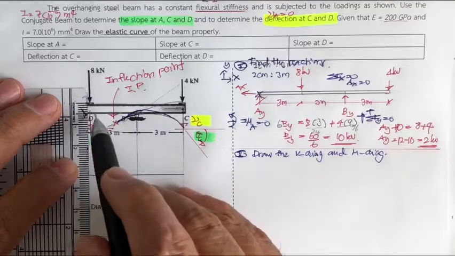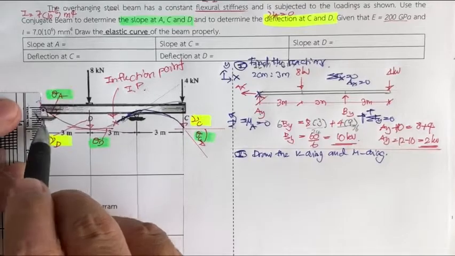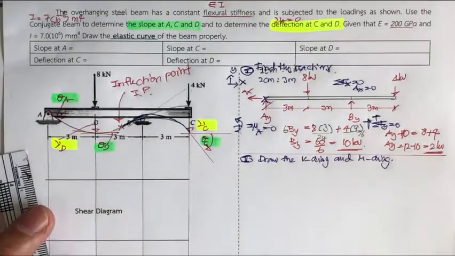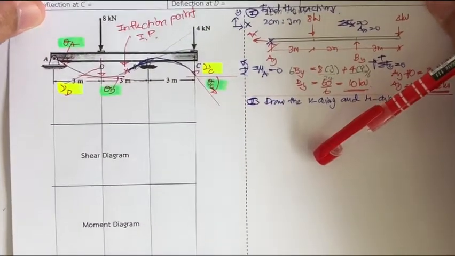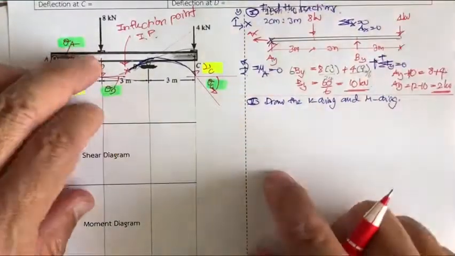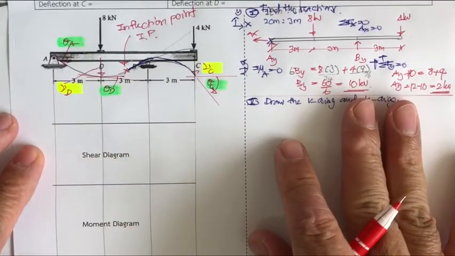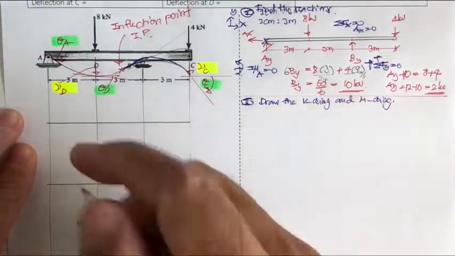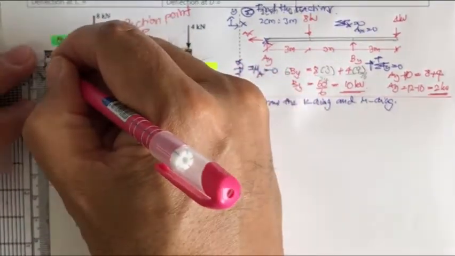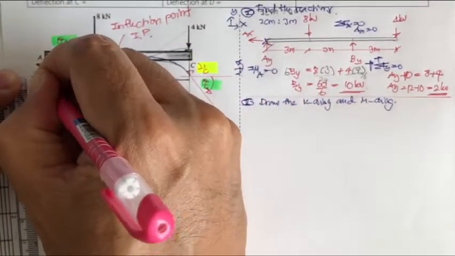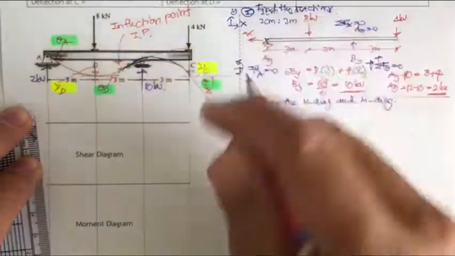A very important point, A, B, C, D, E along the way from there to there, and you must put what you have here, the reaction, into the problem, because when we draw the shear diagram, we gonna take a look at the problem. So what we have, the A sub y is 2 kilonewton. So this one is 2 kilonewton, and this one is 10 kilonewton.